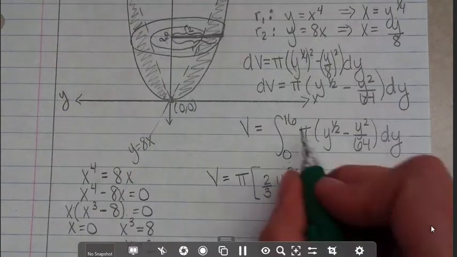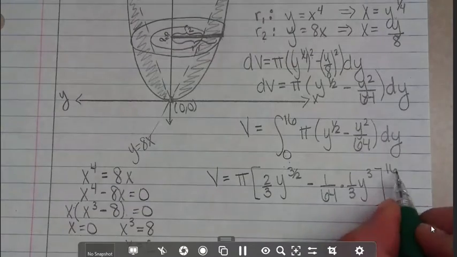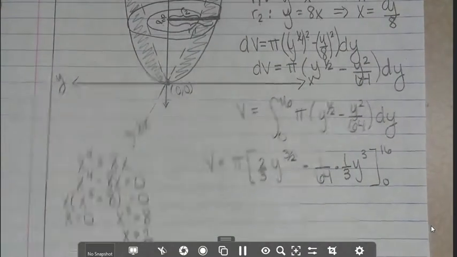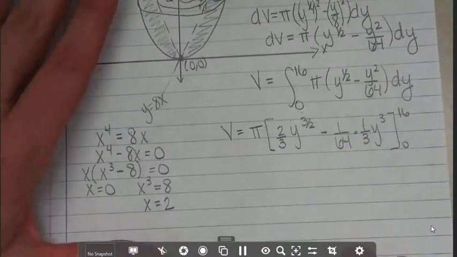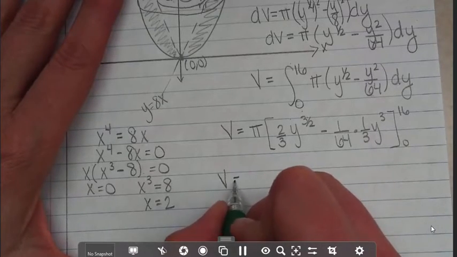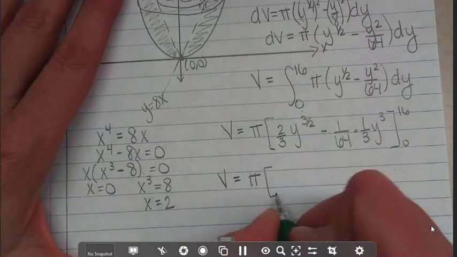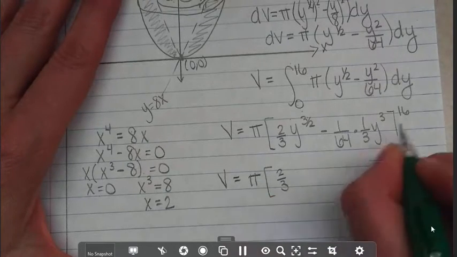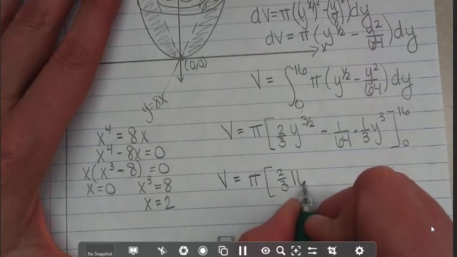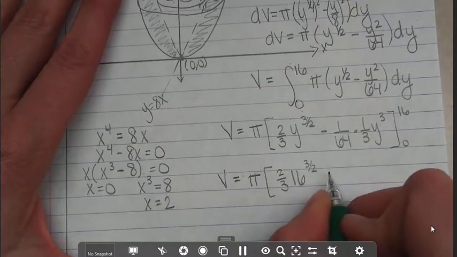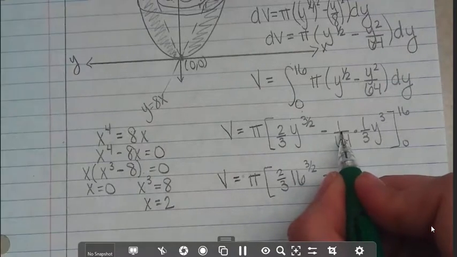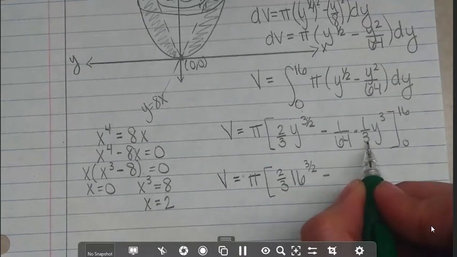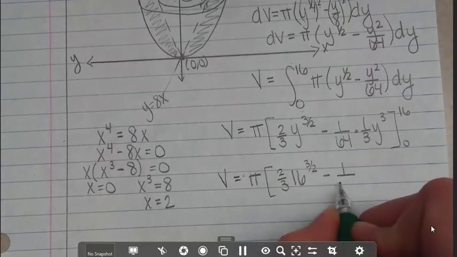And I'll evaluate that from 0 to 16. Leaving the pi out there, let's see, 2/3 times 16 to the 3/2, minus 1 over 192.